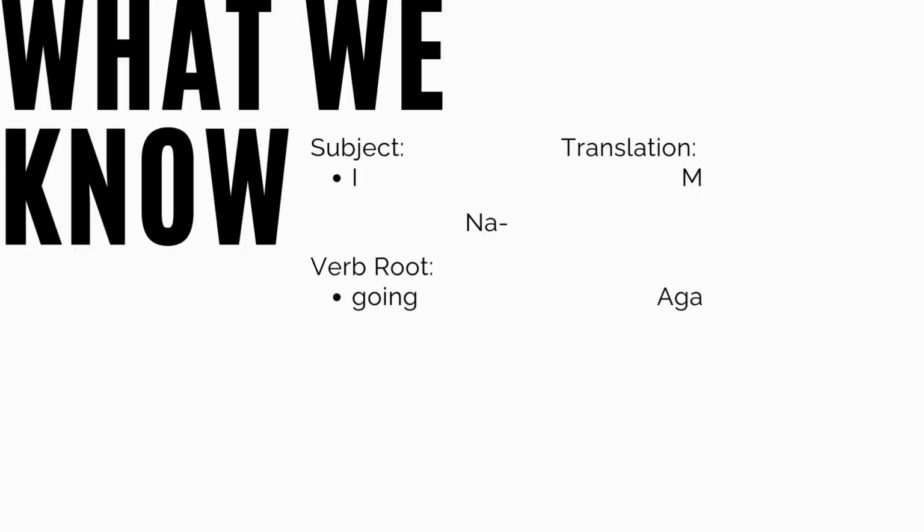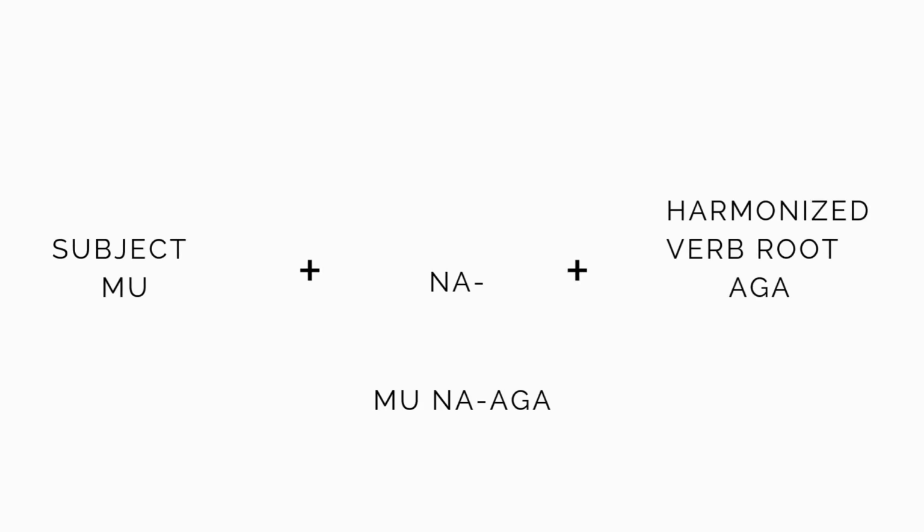Well, we already know that our subject is I, which you know from our pronoun section. We know that na will be there in the center, regardless of what the sentence is, and we know that going translates to aga. So now, using our formula, our sentence becomes munaga.